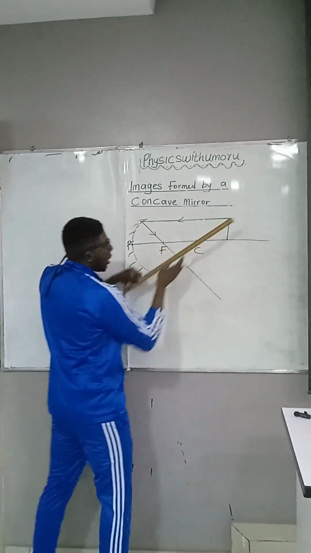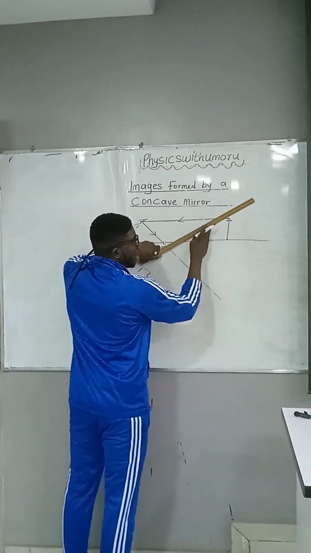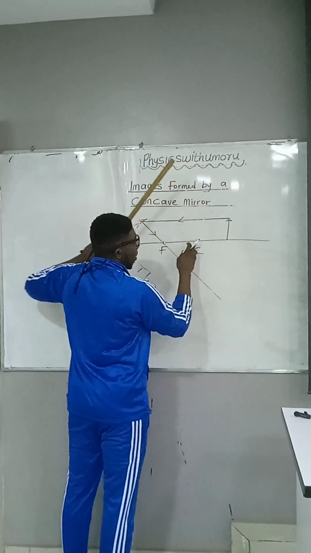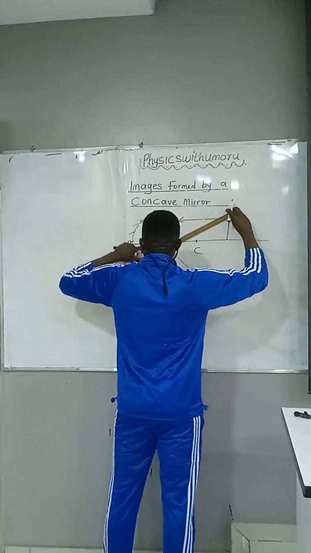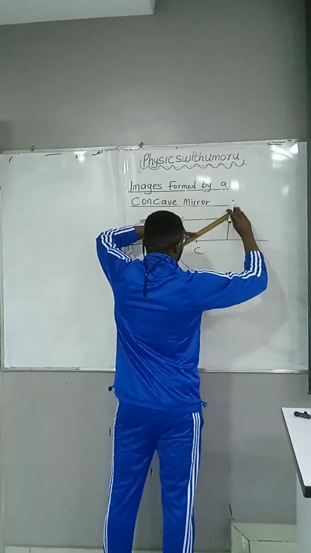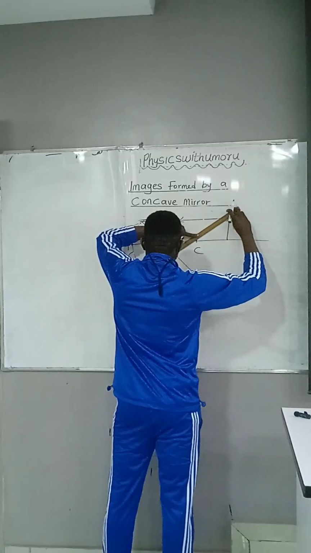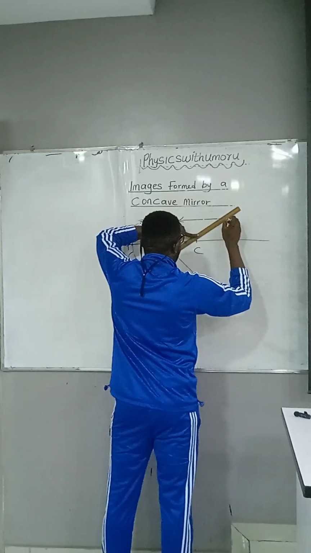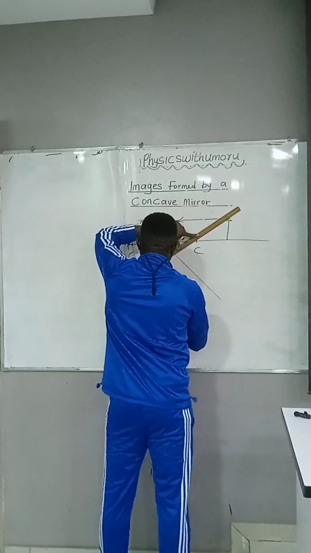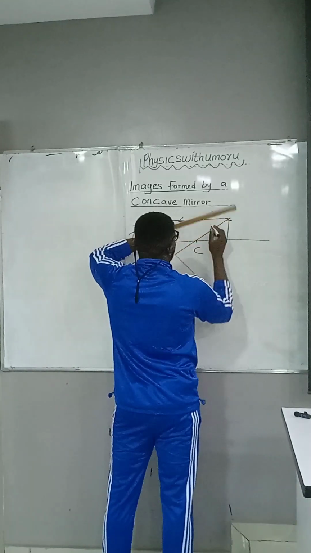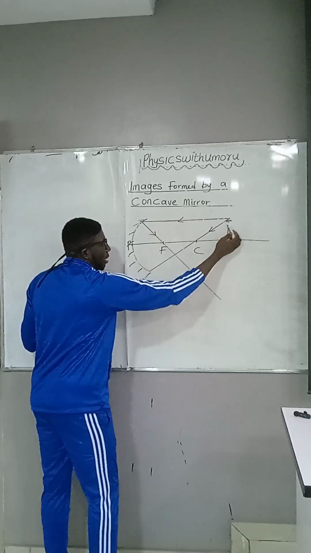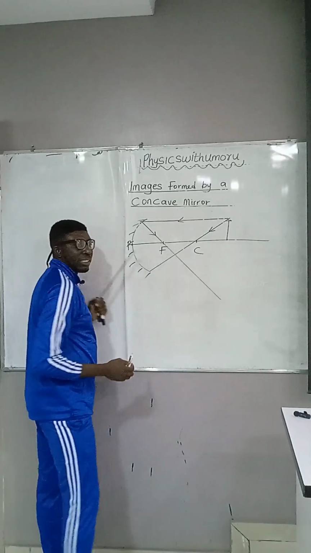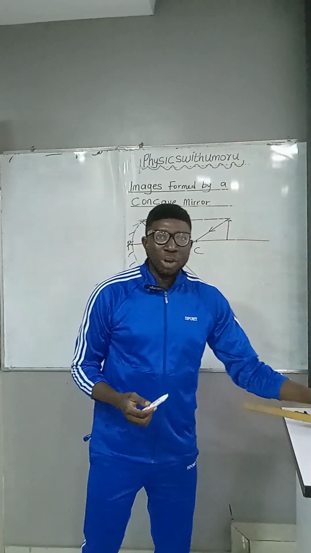Then the next is going to be the diagonal ray. The diagonal ray will pass through the next point, which is C. Now let me tell you something about this point C. The center of curvature is just like a neutral point.